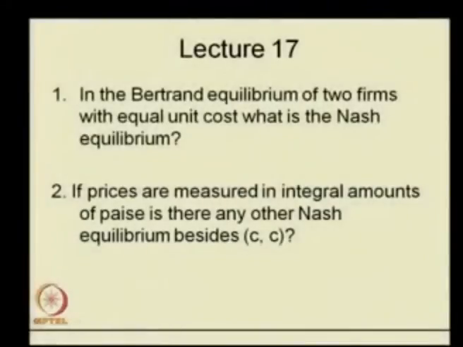In the Bertrand equilibrium of two firms with equal unit cost, what is the Nash equilibrium? Let the equal unit cost be small c.